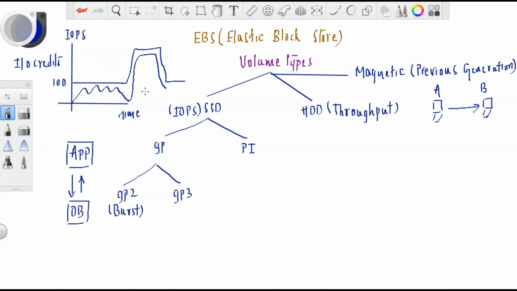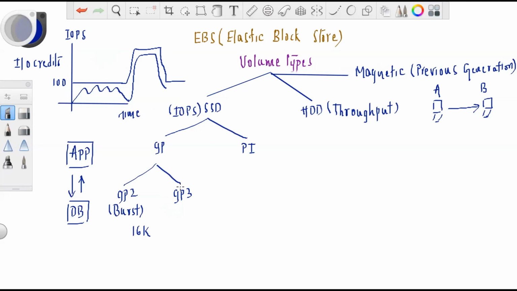This burst capability is useful for applications with intermittent or bursty workloads, allowing them to benefit from higher performance during the short burst without having to provision a higher baseline performance. So instead of going for 300 all the time, you can just go for 100. And whenever you want it, the volume could burst. The GP2 volume baseline IOPS performance scales linearly from a minimum of 100 to a maximum of 16,000 IOPS.